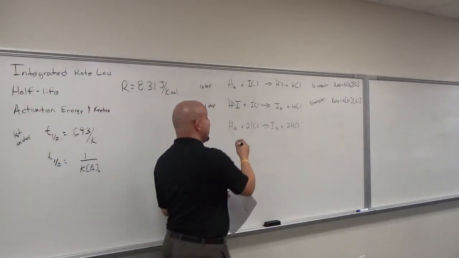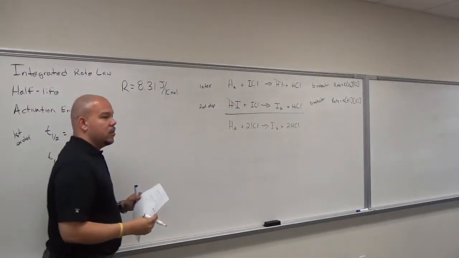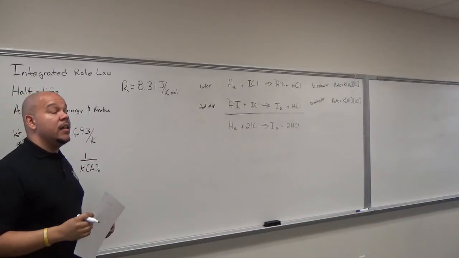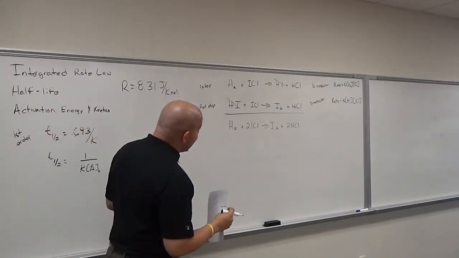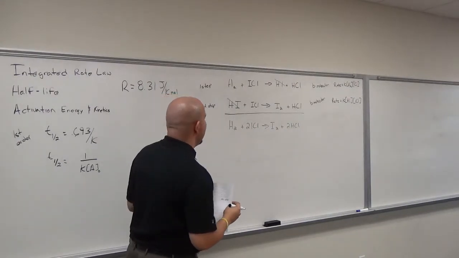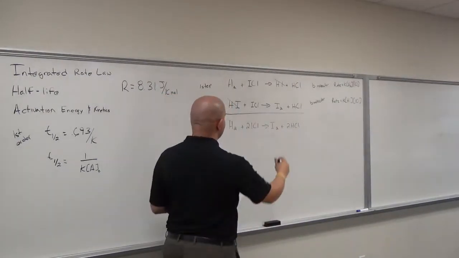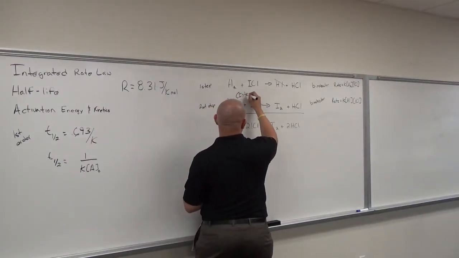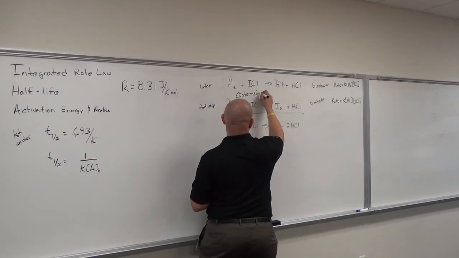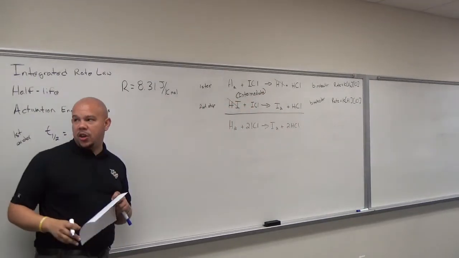If we remember from Hess's law back in Gen Chem 1, adding up, getting rid of it, right? And the one thing that we did not talk about in Hess's law that we talk about here is that anything that exists in the elementary reaction but does not exist in the overall reaction is considered an intermediate. So HI is an intermediate for this particular reaction.